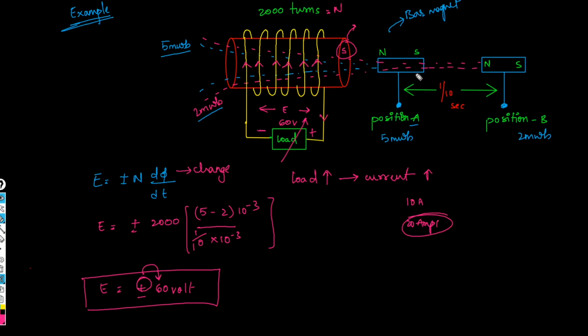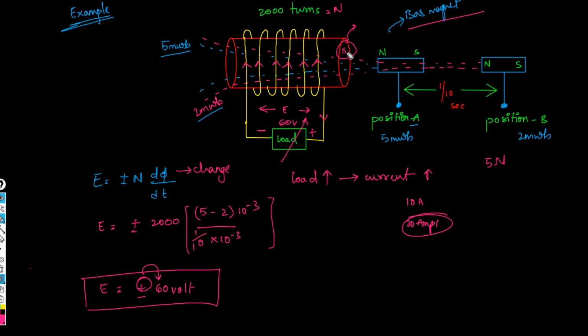Therefore the movement of this particular bar magnet by external force will be very hard, which means for suppose before, for a movement of this magnet from position A to position B, it required only 5 newtons of force. But due to variation in load, the current has been increased. Due to the increase in current, the magnetic intensity of this particular south pole has been increased.